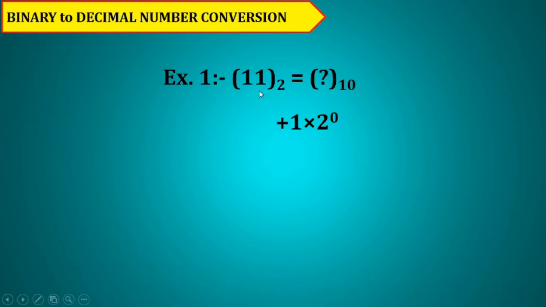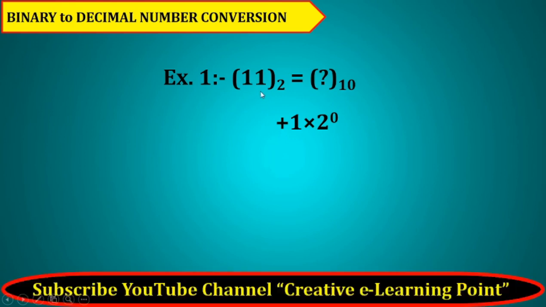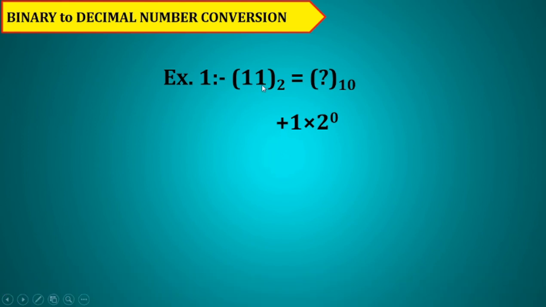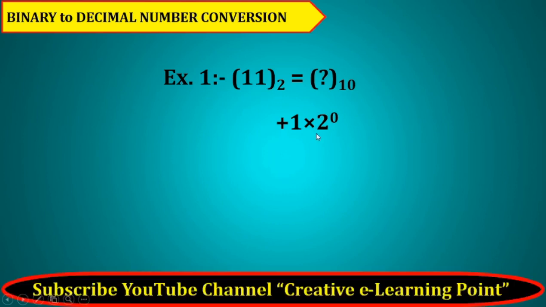According to our formula, the least significant bit will have a value 2 raised to n minus n. So n is the number of bits, 2, and n minus n, 2 minus 2, will be 0. So this one will have a value 2 raised to 0.